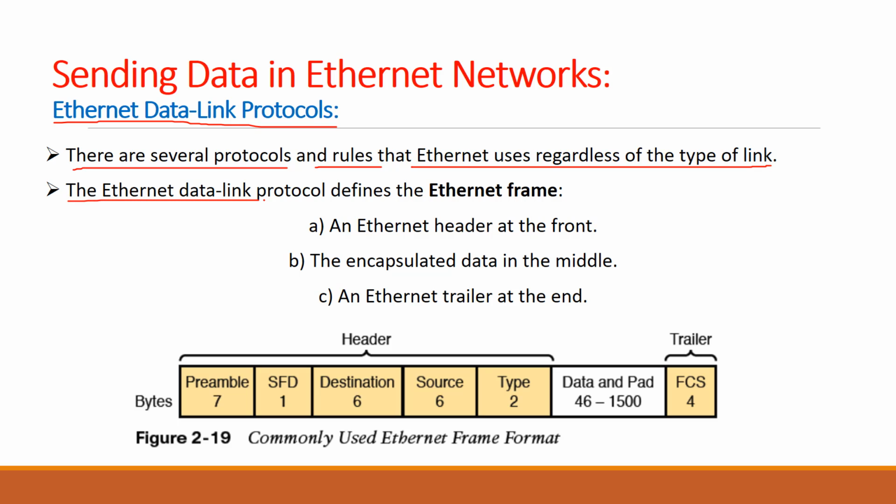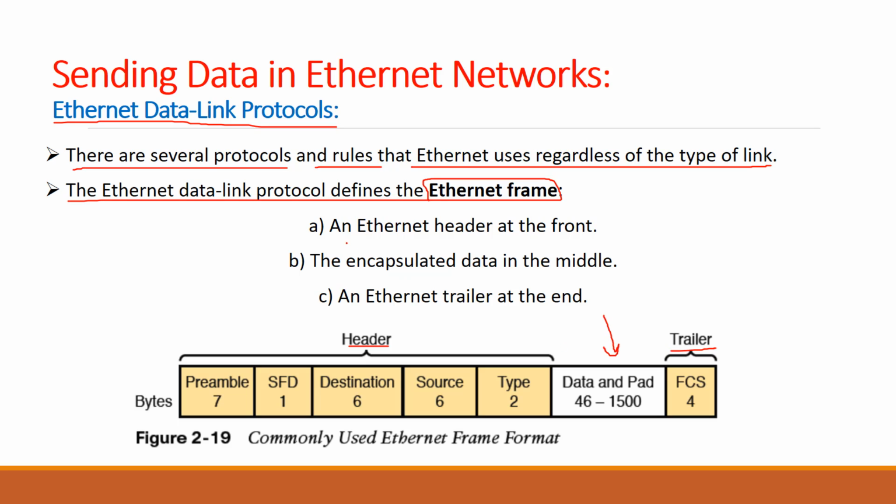The Ethernet data link protocol defines the Ethernet frame, as we mentioned in encapsulation in the first video of chapter 1, that Ethernet uses the concept of frame, where data is coming from the upper layer, layer 3, to layer 2, and then the encapsulation adds a header and trailer.